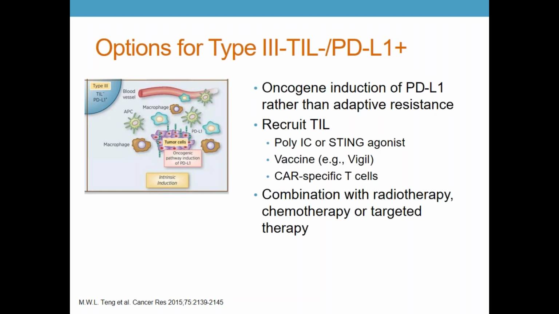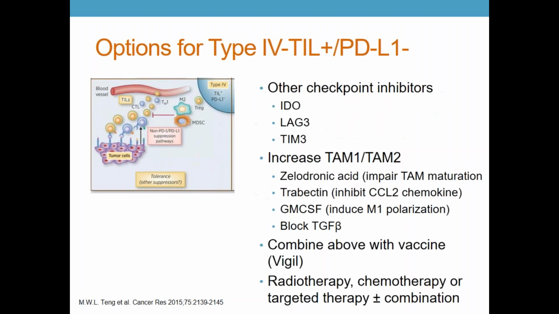And once again, combined therapy with our standard core of therapeutics might be able to elicit some type of immune response by damaging these cells and having them release certain products which are more effective in pulling in TILs. Next, the final type is basically immune tolerance, where you have TILs but no PD-L1.